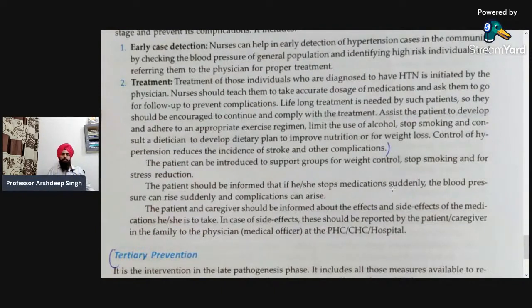Different types of drugs are given by which we can prevent the blood pressure from increasing. Assist the patient to develop and adhere to a proper exercise regimen, limit the use of alcohol, stop smoking, and consult a dietitian to develop a dietary plan to improve nutrition for weight loss.